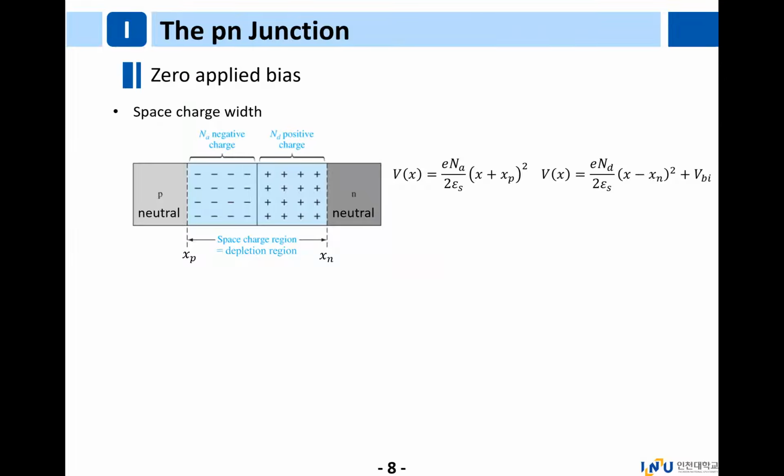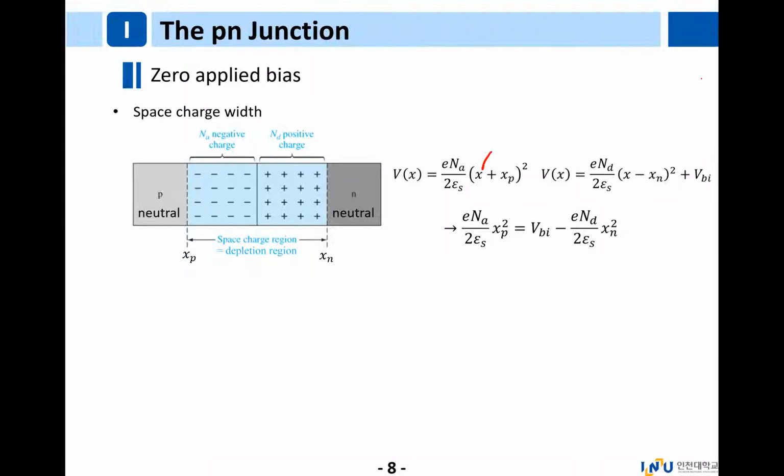And next, let's calculate the width of the depletion region. The potential must be continuous at the boundary, which is x equals 0, between the p-type and n-type regions. So utilizing this condition, we can derive the following relationship.